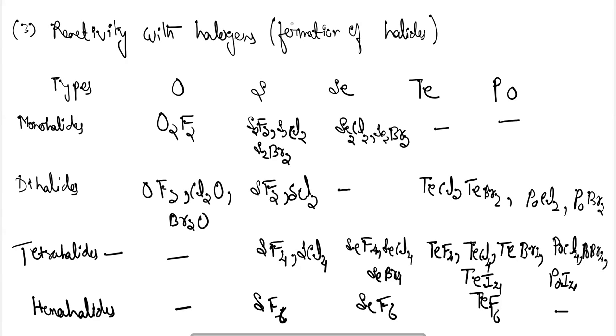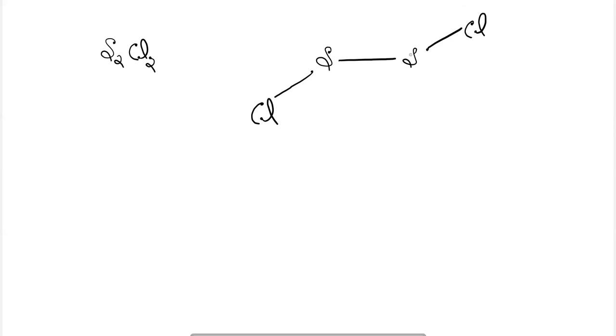Now let's talk about the structure and some of the specific properties of these halides. S2Cl2, the monohalide, generally has a structure like this. Here the bond angle between sulfur and chlorine is 104 degrees, and the sulfur-sulfur bond length is 205 picometer, while the sulfur-chlorine bond length is 199 picometer.